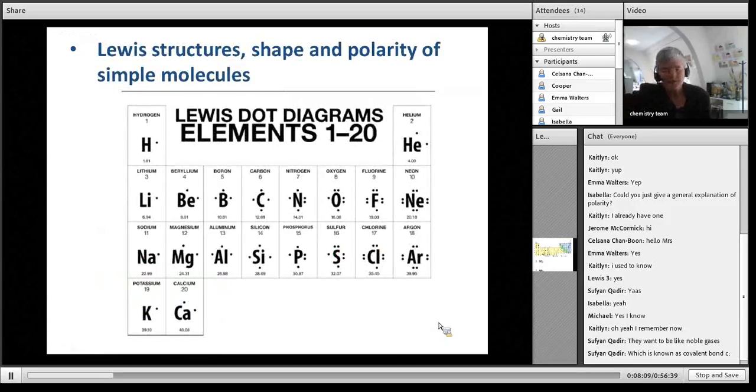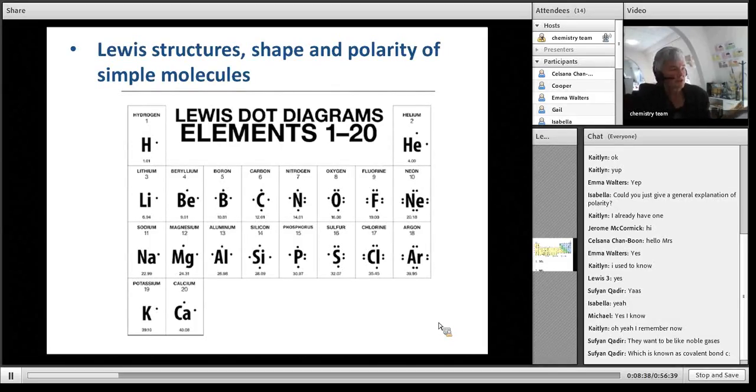So this is the periodic table of the first 20 elements, but what I'm trying to highlight here are the electrons. Remember I said in group 1 there's 1 valence electron. So we can draw structures, and it was a chap called Lewis in the 1800s who worked this out. He represented the way elements bond by using dots for the valence electrons.